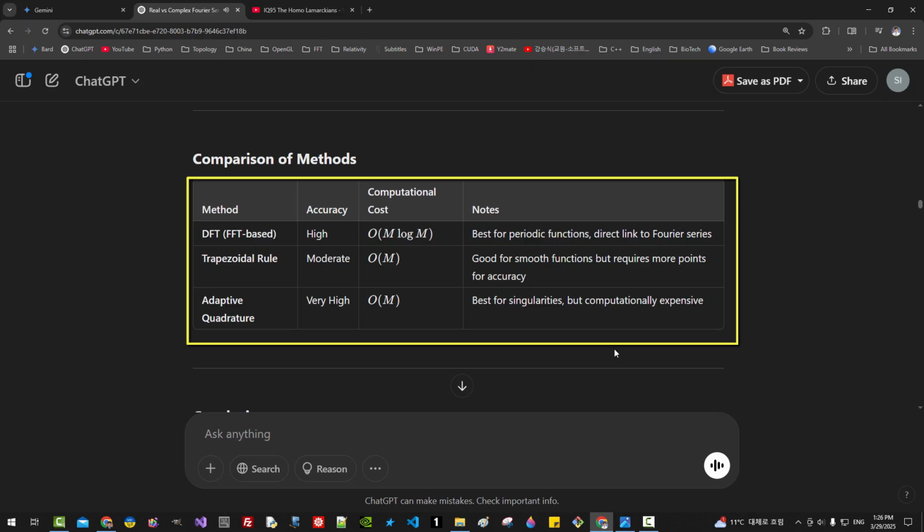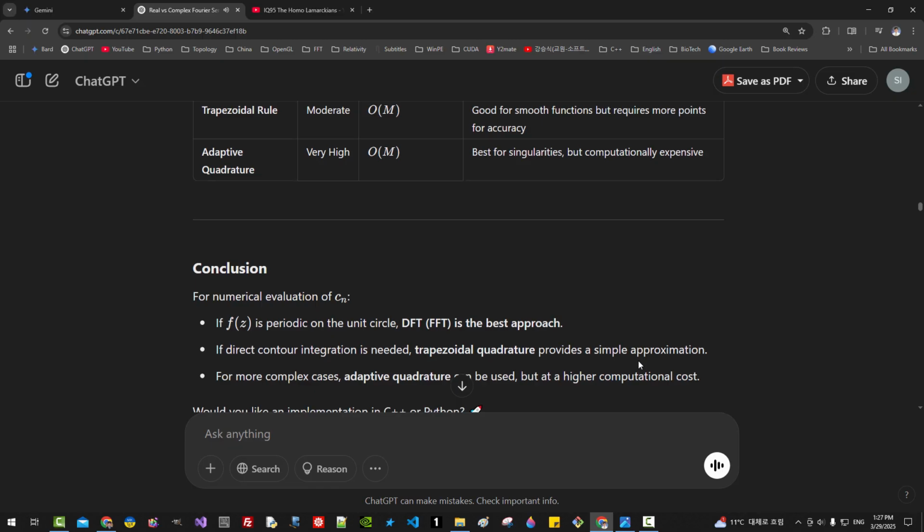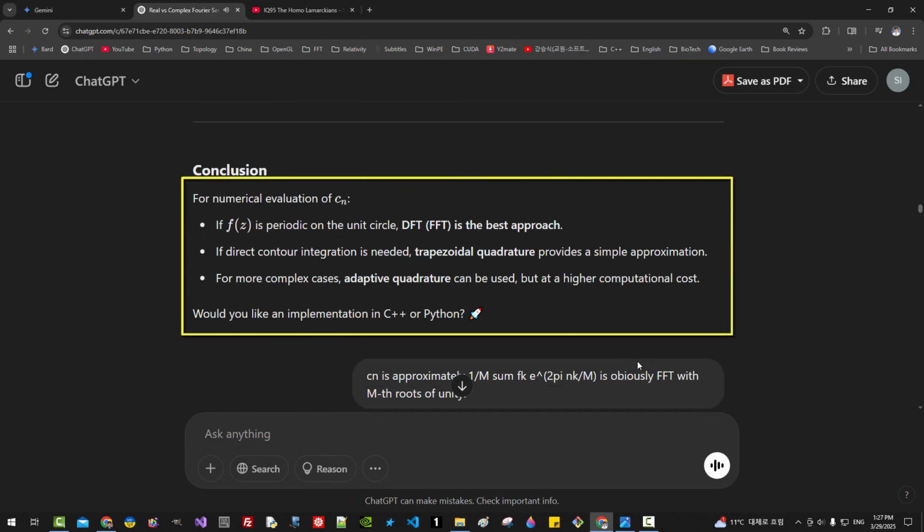Adaptive quadrature has very high accuracy, best for singularities, but is computationally expensive. Conclusion: for numerical evaluation of Cn, if f(z) is periodic on the unit circle, DFT/FFT is the best approach. If direct contour integration is needed, trapezoidal quadrature provides a simple approximation. For more complex cases, adaptive quadrature can be used, but at a higher computational cost.